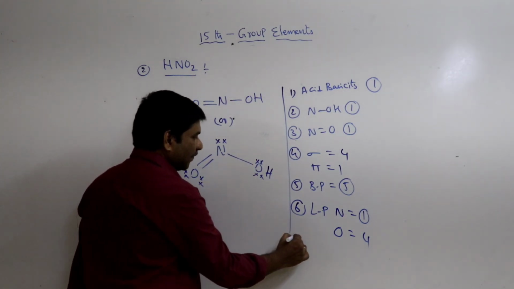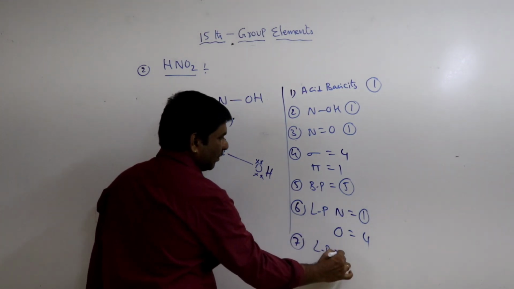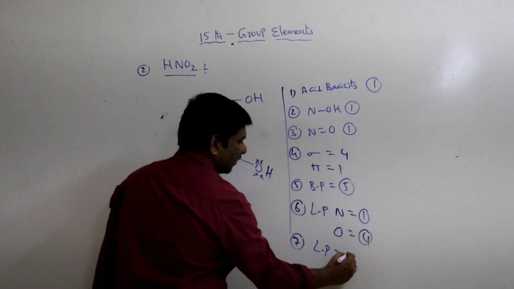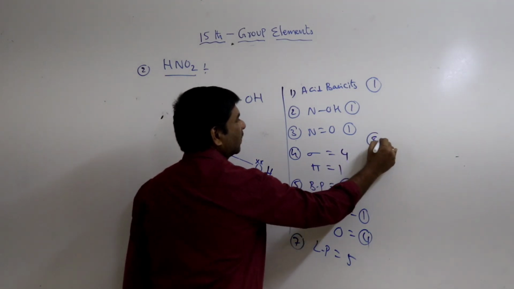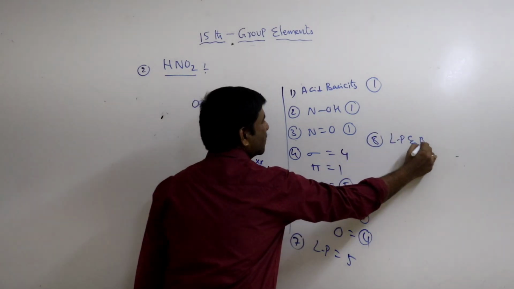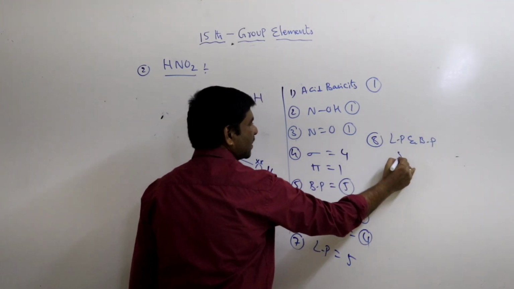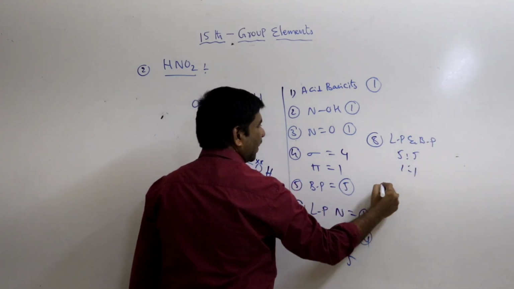So total number of lone pairs, 1 plus 4, 5 lone pairs. Next, the lone pair and bond pair ratio, LP to BP, is 5:5, 1:1.